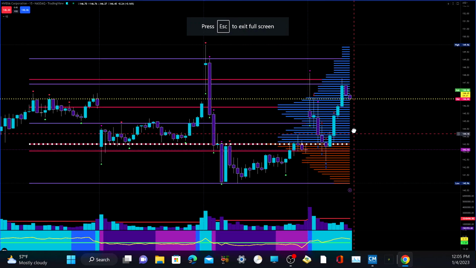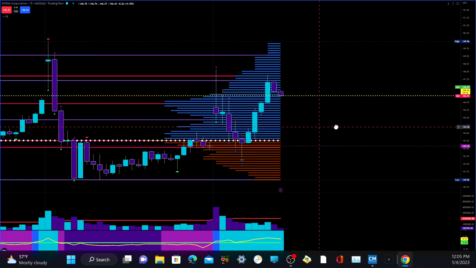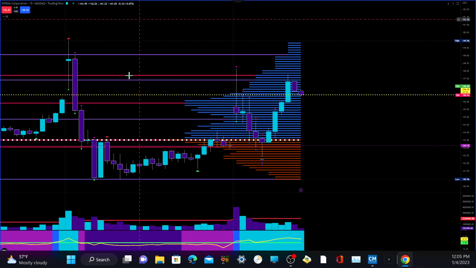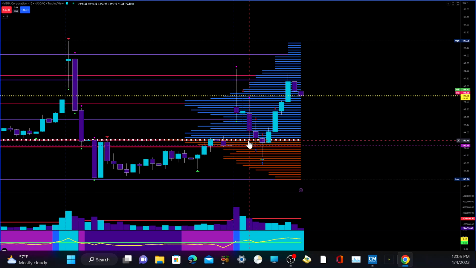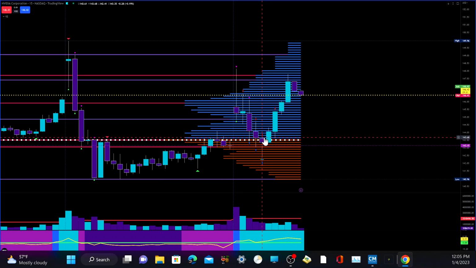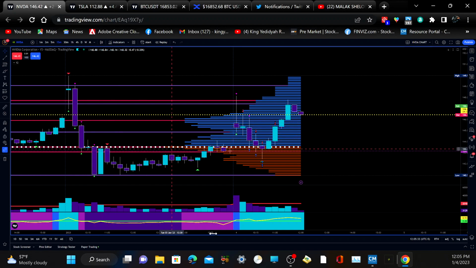All right, so this is something I also was looking at with this NVDA trade, because the volume point of control is this white dotted line right here, right? And you could see that correlates with the value area high and the POC level on the money zone. So let me show you that.